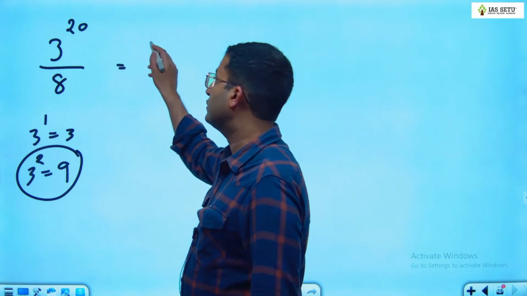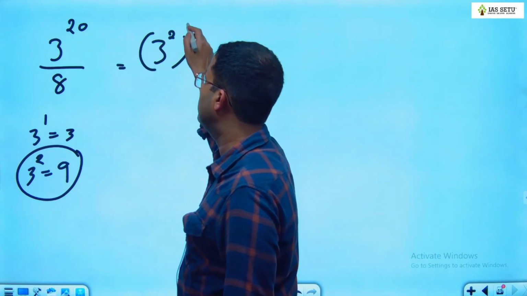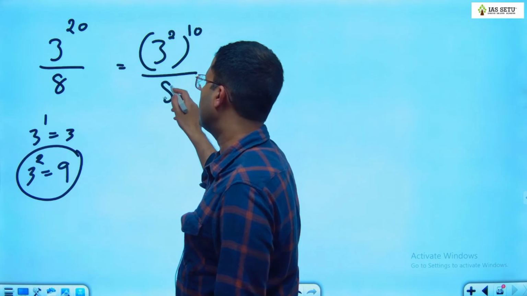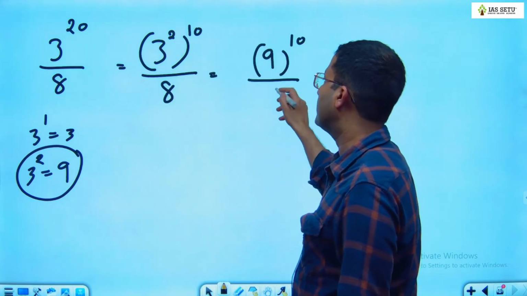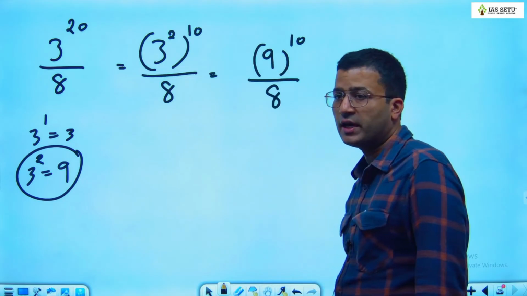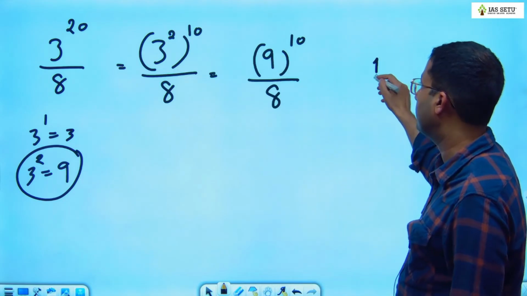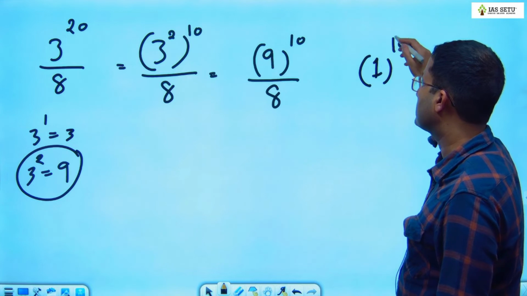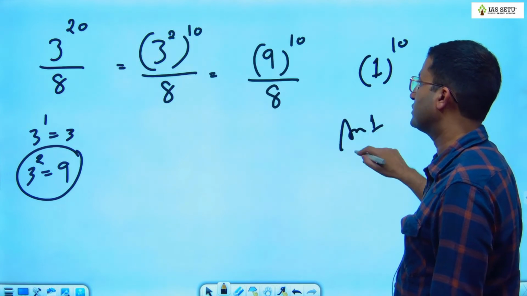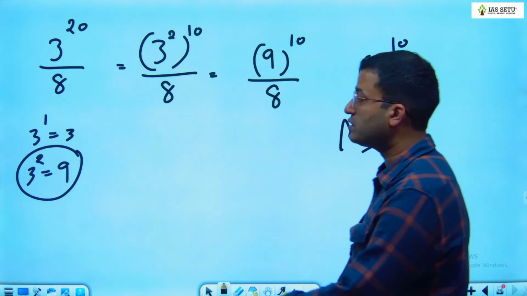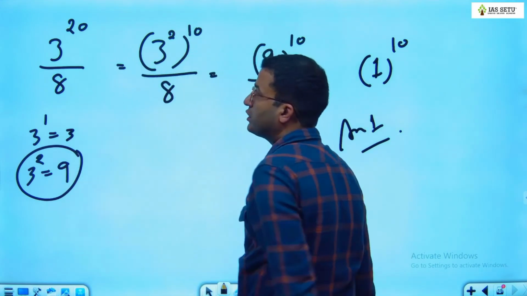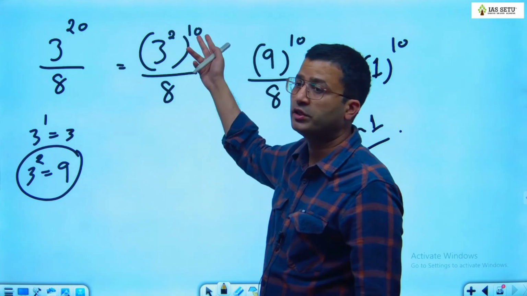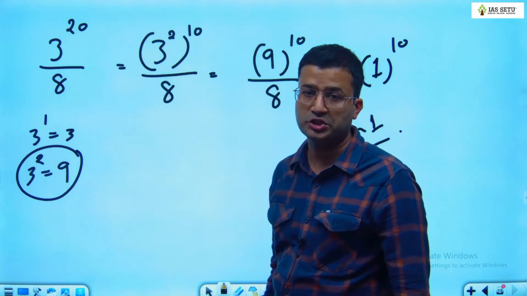So now this is 3 to the power 2 bracket 10 divided by 8, so it is 9 to the power 10 divided by 8. Every 9 with respect to 8 gives remainder 1. How many times? 10 times. Our answer is 1. So what is our focus? 3 square because of 9. So we have to rewrite 3 to the power 20 as 3 square into 10. The total power should remain 20.